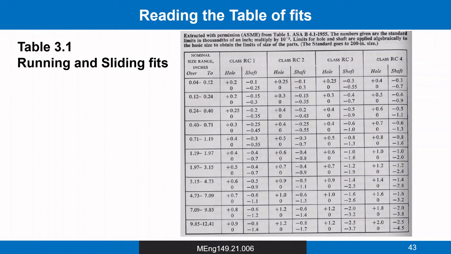Then sa shaft is mao tong ilisan nimo sa imong allowance, then mao na siya ang ibutang nimo nga range sa iyang tolerance para sa iyang dimension. So makita nimo diri nga sa hole, mag-add ka sa iyang size because sa iyang tolerance is naka-plus ni siya diri.